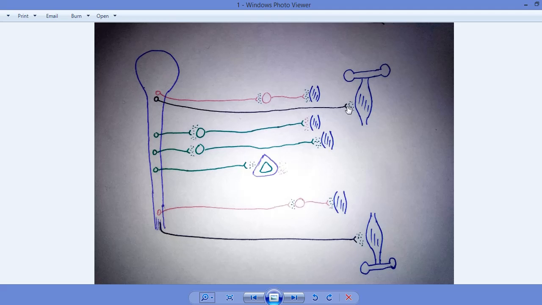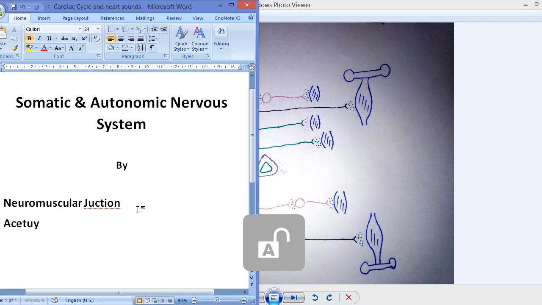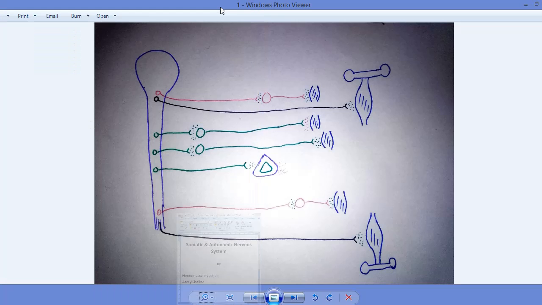Over here, the neurotransmitter secreted by the neuronal ending will be acetylcholine. Acetylcholine will be secreted at the neuromuscular junction.